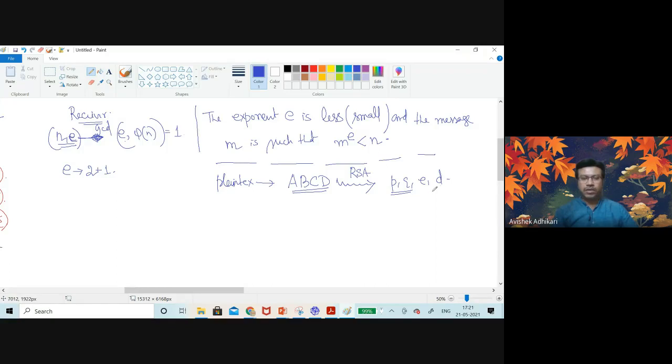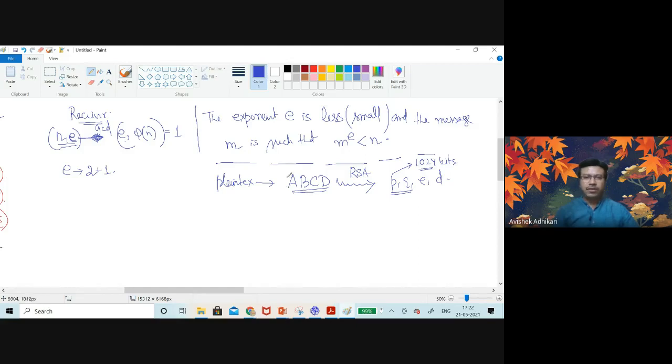Today, each of P and Q should be at least 1024 bits long, which means at least 300 to 350 digits each. That means N, which is P times Q, should be around 2048 bits long. Okay, so that's for practical purposes.